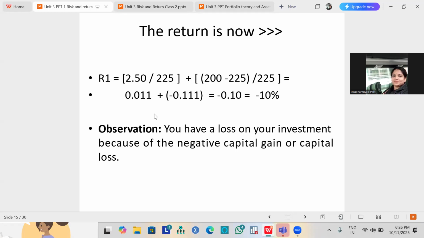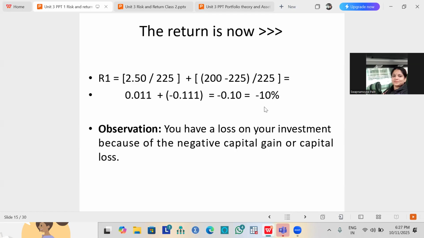Any investment in stock has two parts. One is your dividend part, which is secure, and the other is the volatile part, which is what you get when you sell the stock at the end. The day you sell, the price is either more or less than your buying price. So you can see you have made a capital loss here because your selling price is less. The overall loss you got is minus 10%.